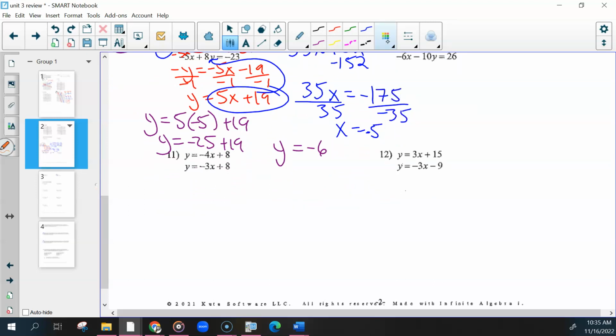If you have the same variable equal to two separate equations, you can set them equal to each other. And after you set them equal to each other, you can solve. Move your constants to one side, your variable terms to the other.